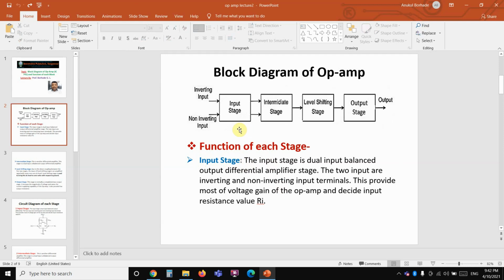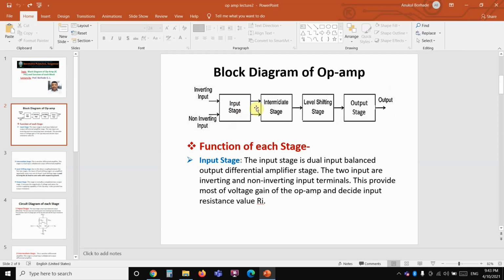Because this stage has two inputs and two outputs. It has two inputs, one inverting and one non-inverting, and it provides high voltage gain and decides the input resistance of the op-amp. This stage is also known as the gain stage of the op-amp, because it decides the gain as well as the input resistance.